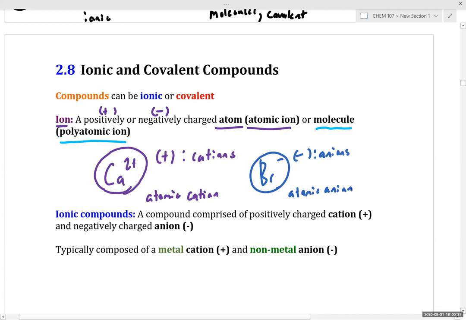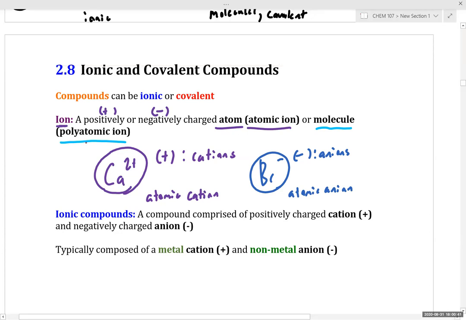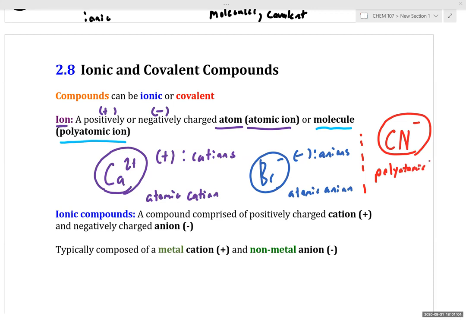If we wanted to look at a polyatomic ion, polyatomic ions are molecules with a net charge. One example would be cyanide, which has the formula CN-. So cyanide would be an example of a polyatomic anion.